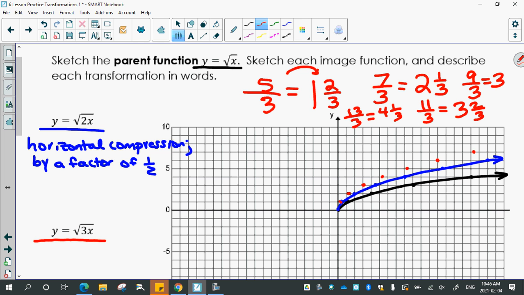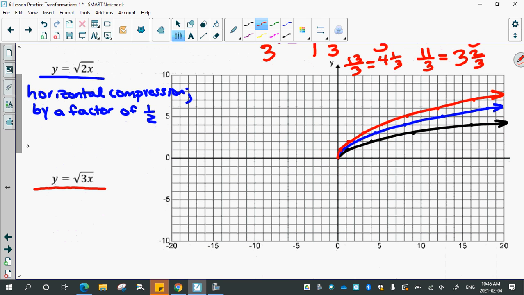Up 1, and then I run out of room to go over, so I'm just going to join it, starting at 0, 0. So that's a horizontal compression by a factor of 1/3.